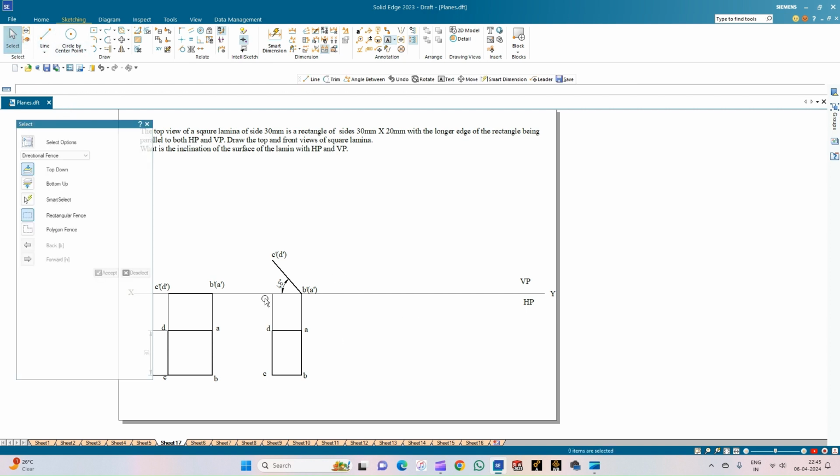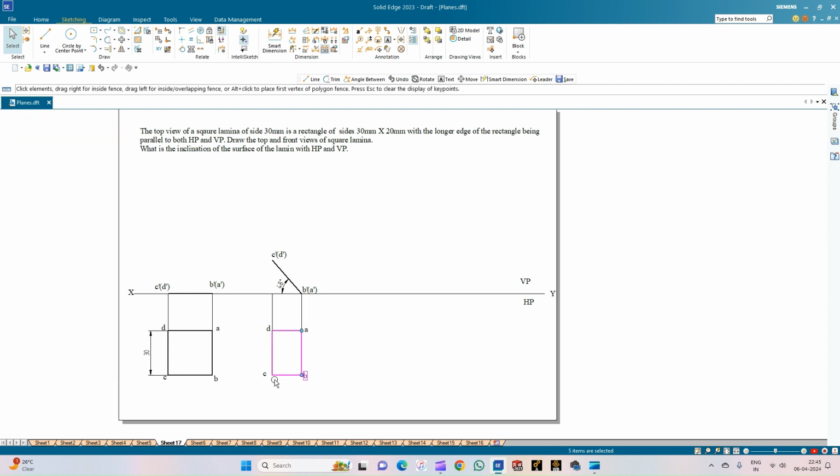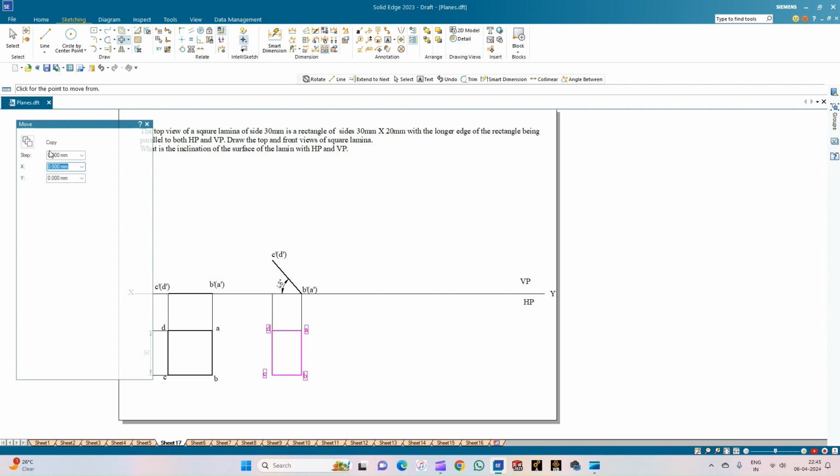So for that purpose, I'll go select the second position of the square, which appears to be a rectangle of 30 cross 20, and then select the move option and ensure the copy is on. Keeping A as the point of reference, I'll just move this rectangle towards the right hand side of the XY line.